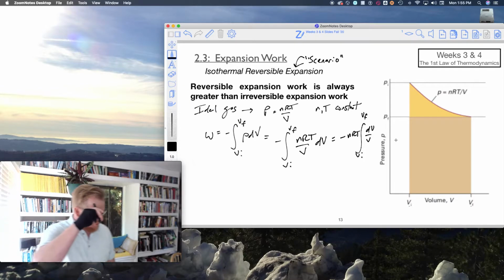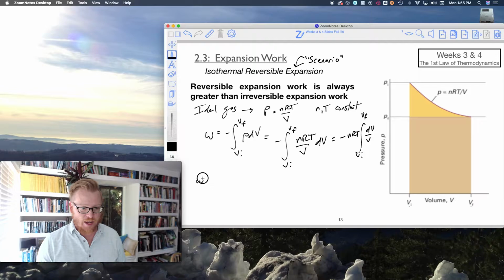Pause the video for a second and see if you can complete that integral. It's not too bad. You should not even need Mathematica for that one. See if you can remember how to integrate dV over V. I'm just going to go ahead and give you the answer. It's negative nRT, and then when I apply the limits VF and VI, I get the natural log of VF over VI.